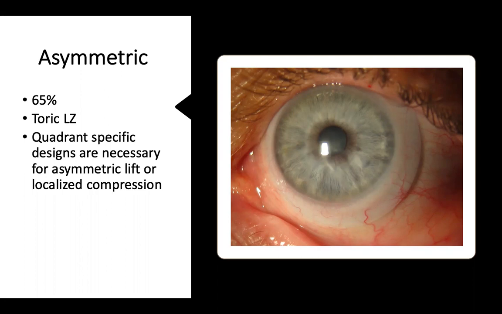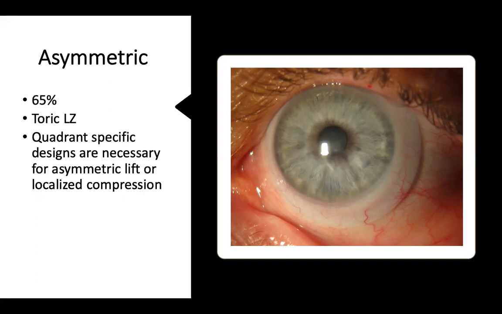But some of these eyes can be fit with a scleral lens that has a toric landing zone, because even though a toric landing zone won't perfectly match the surface, in many cases, it will even out the bearing to an extent that the patient is successful without complication.